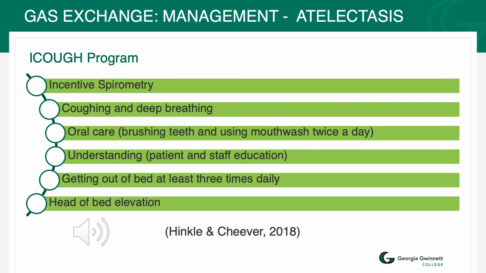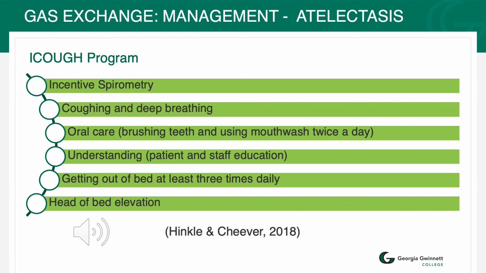We as nurses need to know about the treatment of atelectasis, and how to prevent it, really. So the goal to treat it is to improve ventilation and to remove the secretions that possibly could cause the alveoli to collapse or close.